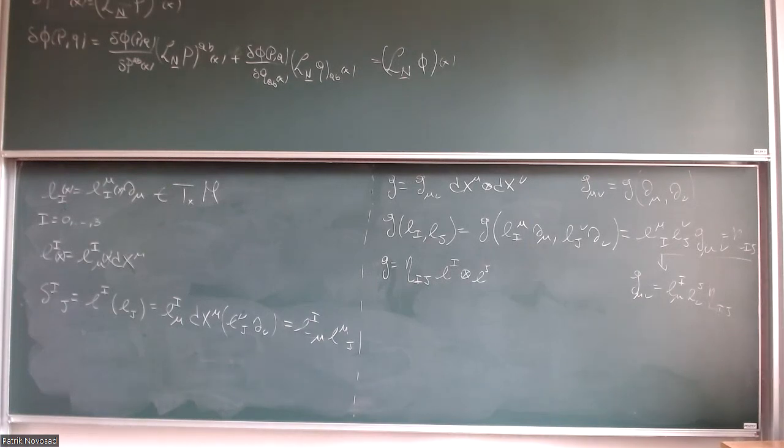In that sense, the vertical space consists of the tangent of the fibers, which can be regarded as the Lie algebra of the general linear group. That's a linear transformation of the frames, because the structure group acts on the fibers.